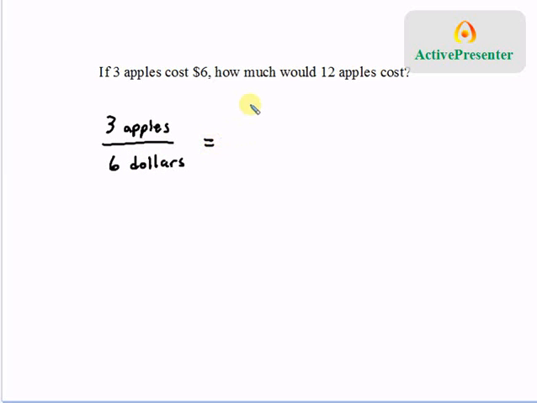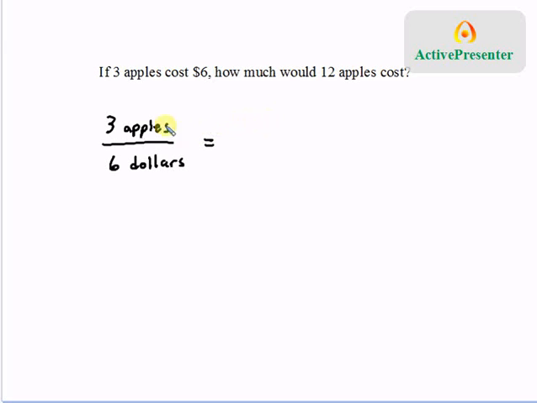We want to know how much 12 apples would cost if 3 apples cost $6. Now, it's important when we're solving things with proportions that we keep the units matching across the proportion.